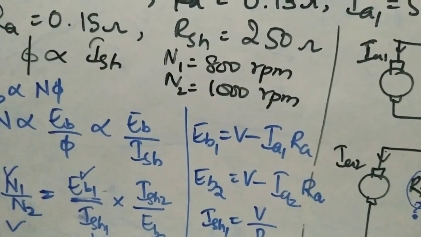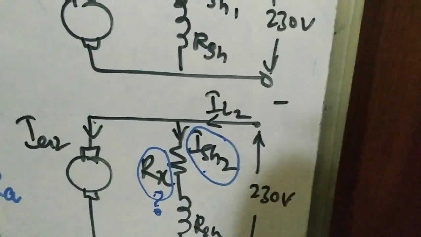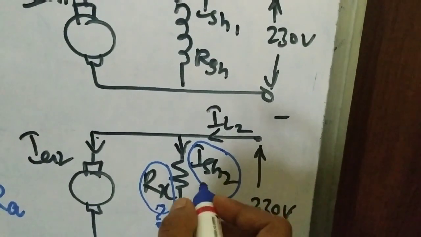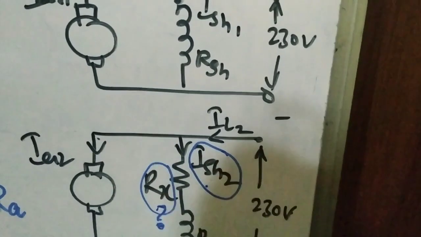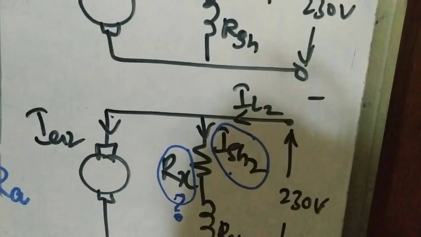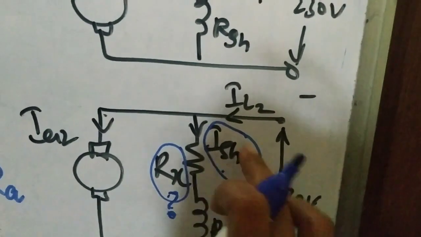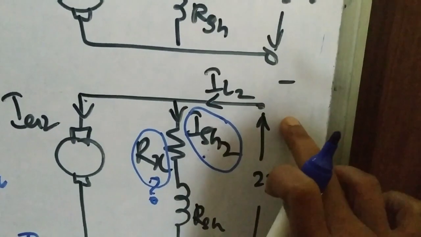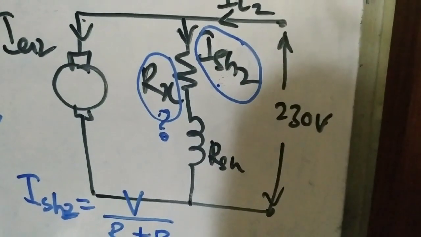Now let us find how to get the value of Rx. According to Ohm's law, this is the current flowing, I shunt 2. So I shunt 2 can be written as the voltage divided by the resistance. The voltage appearing across this is the supply voltage, so voltage divided by Rx plus RSH.